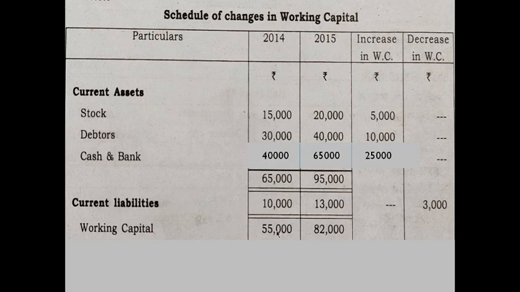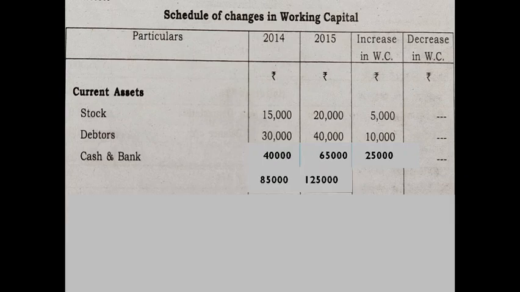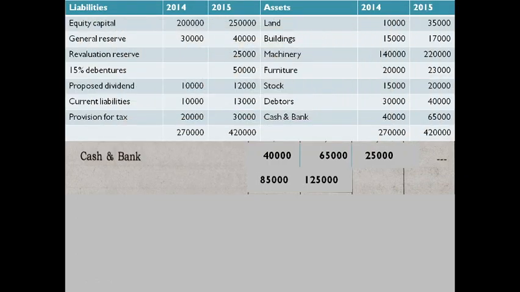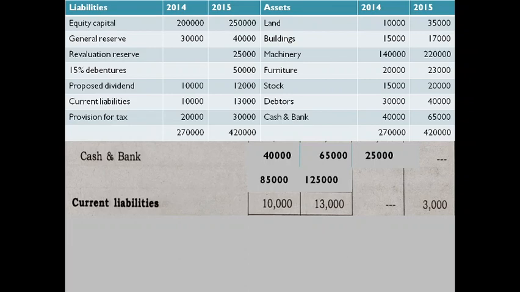65,000 minus 10,000 you will get 55,000, and 95,000 minus 13,000 you will get 82,000. Sorry about the total. If you take the total of these two, you will get 85,000 and 1,25,000. Once you're done with current assets, now you will deal with current liabilities.